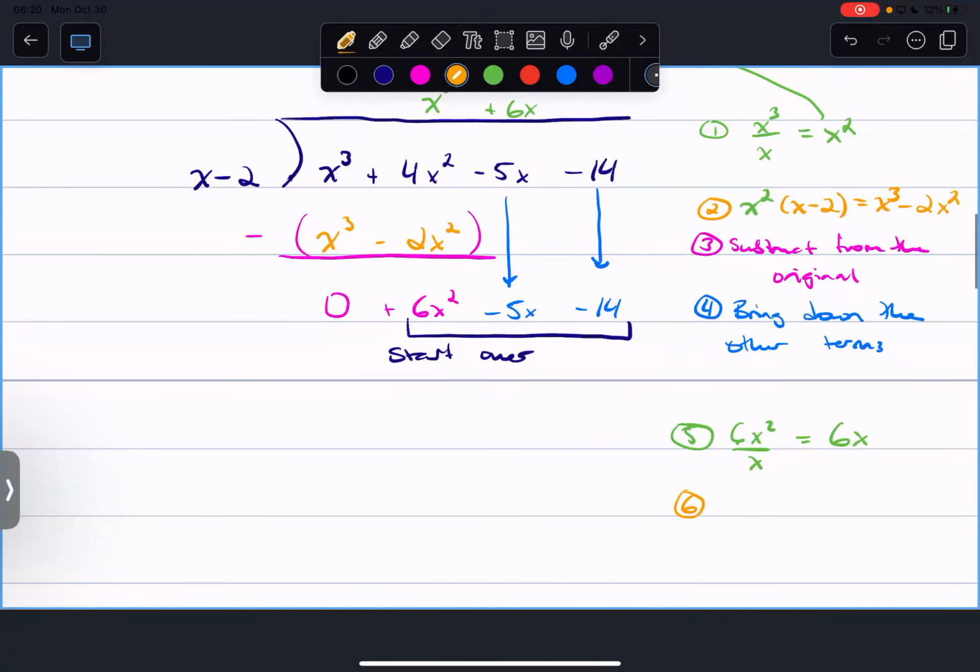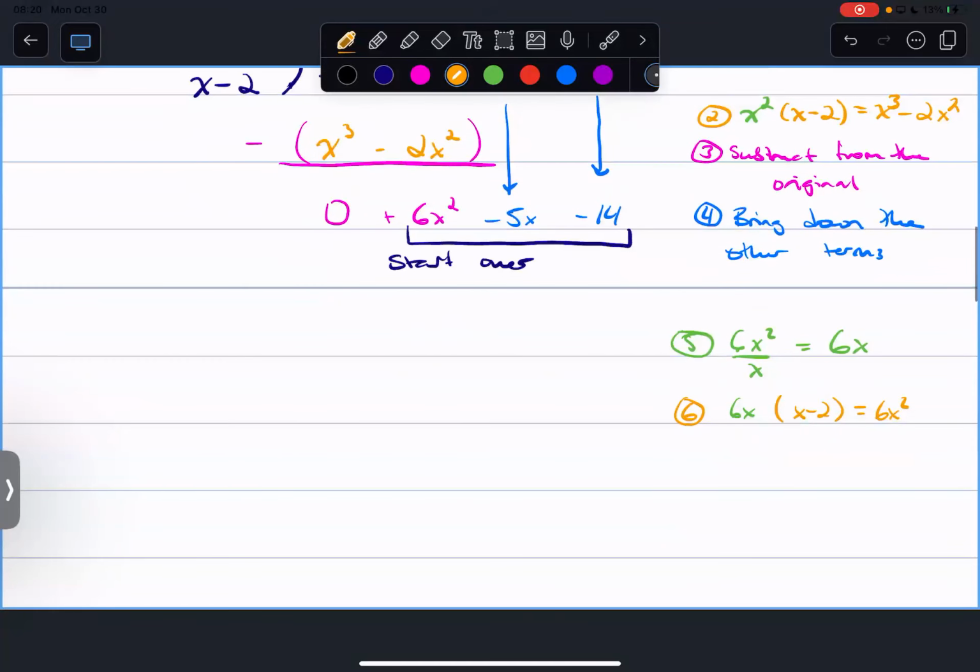Step 6 is going to be 6x times x minus 2 again, which is 6x squared. Why? Because I want to cancel that 6x squared, right? And so 6x squared minus 12x.